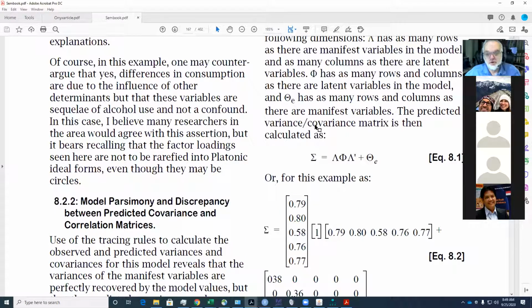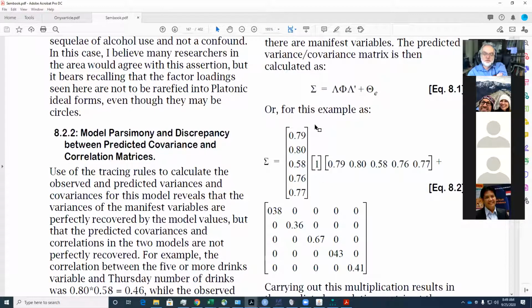And the language of structural equation modeling revolves around a few very simple matrix algebra formulae. And equation 8.1 is one that you will see a lot. And let me explain to you the mystical meaning of all these words. Sigma is the predicted variance covariance matrix, because Greek sigma is the letter for S, and S is the word we often use to describe variances and covariances.